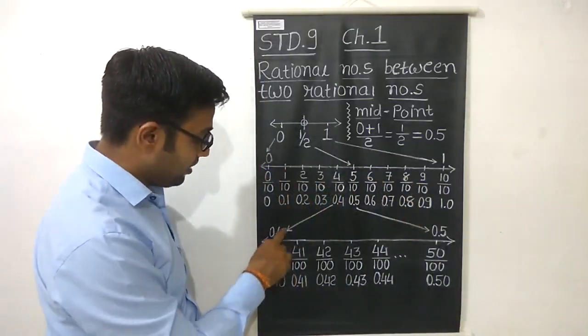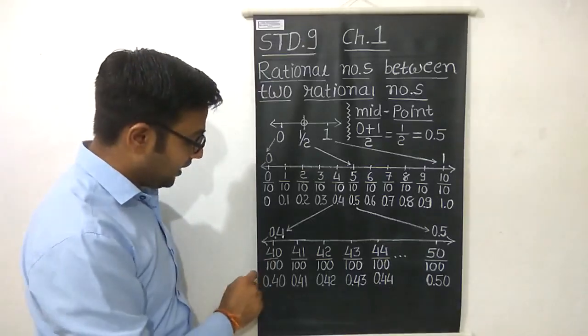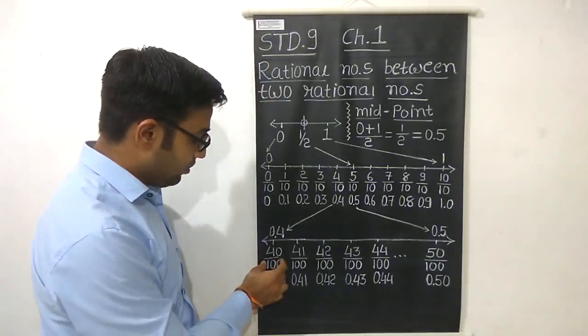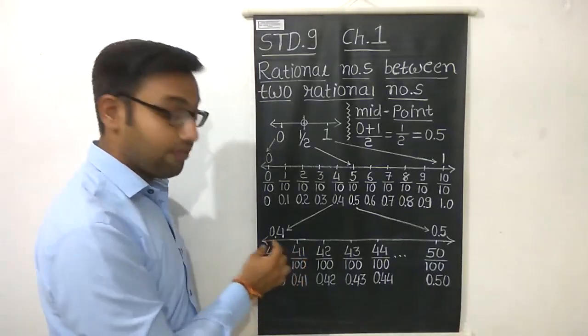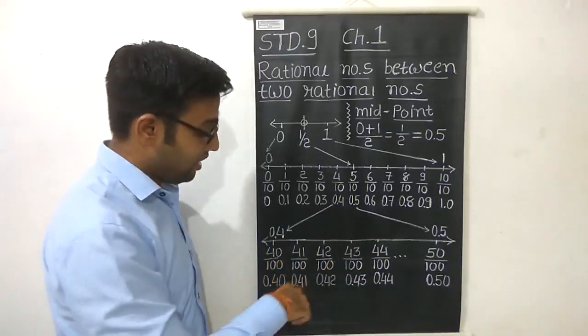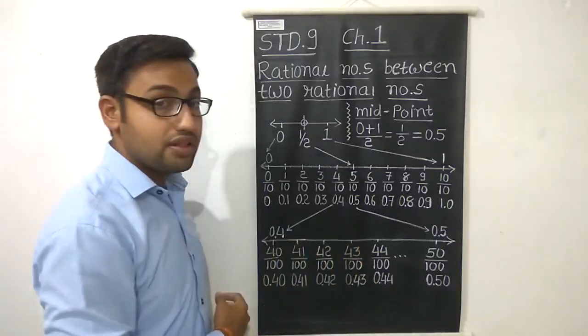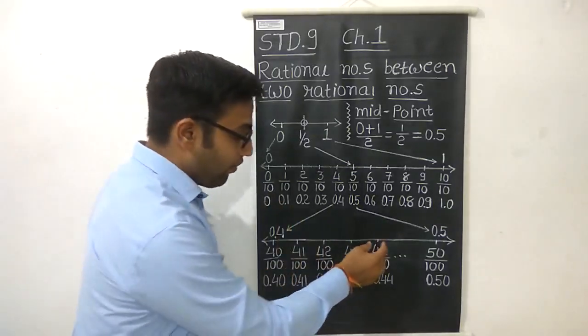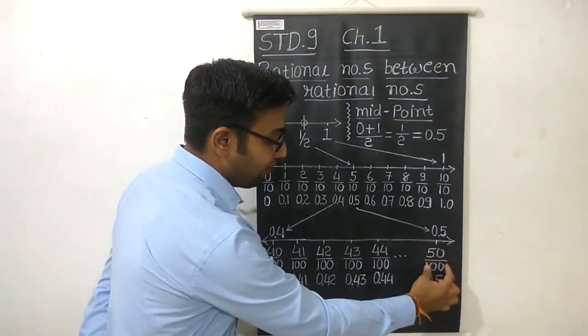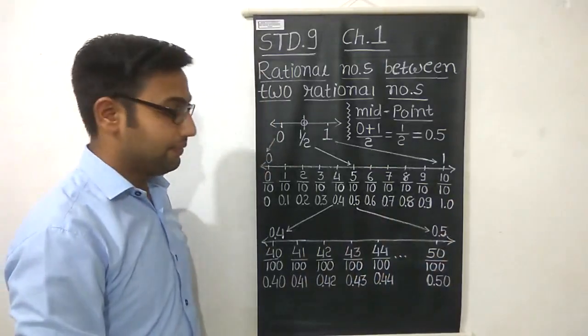So the first number 0.4 we can write as 40 upon 100, right? What is the next number? 41 upon 100. Add 1 to 41, we will get 42 upon 100. Add 1 to 42, we will get 43 upon 100. In the same way, 44 upon 100, then the last number we will get is 50 upon 100, right?